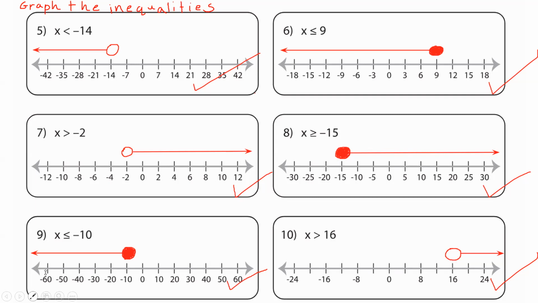By the way, if you finish with this, all right, how many of you are finished sending a picture of your work?